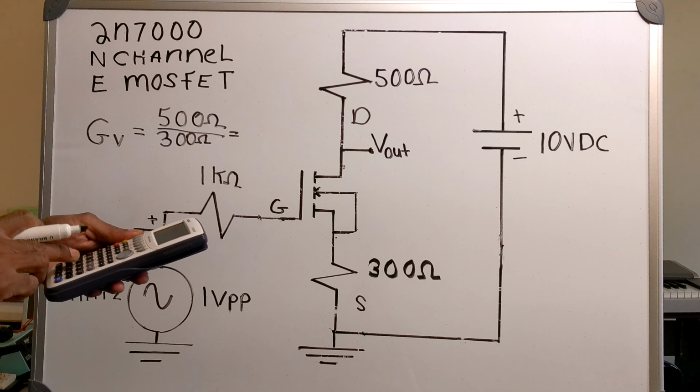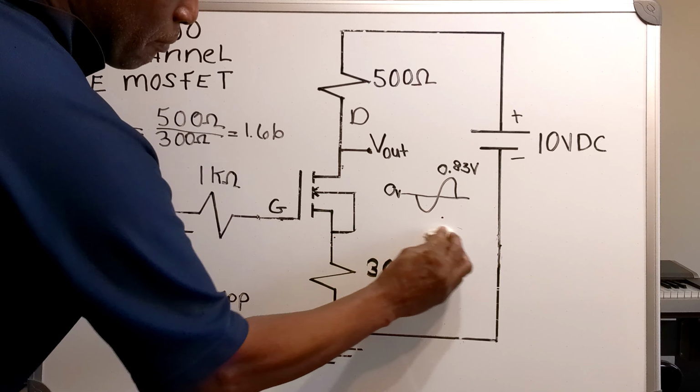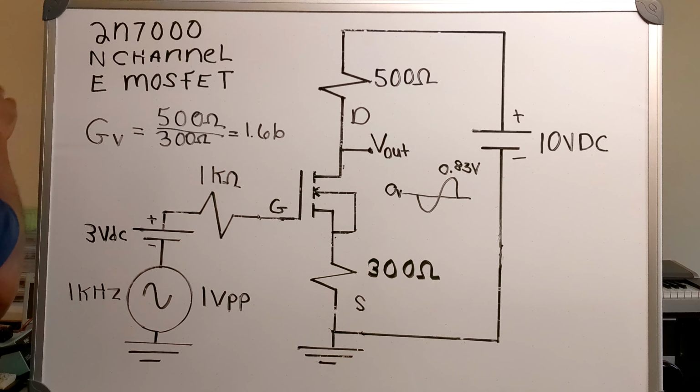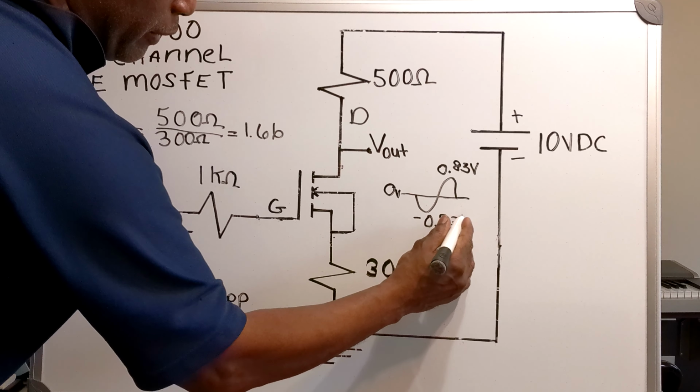That means if this middle line here is 0 volts, this will be 0.83 volts at the top. And the bottom will be minus 0.83 volts.